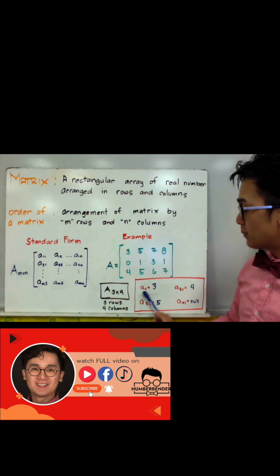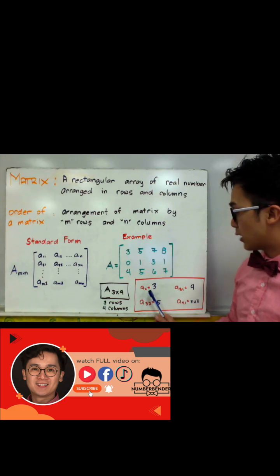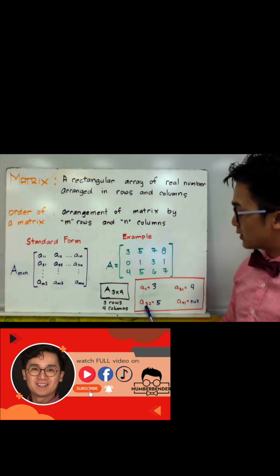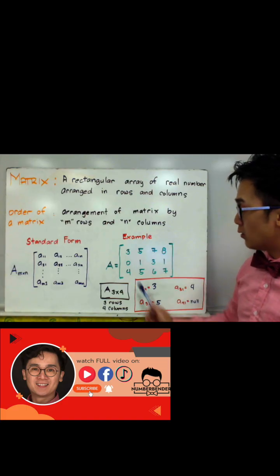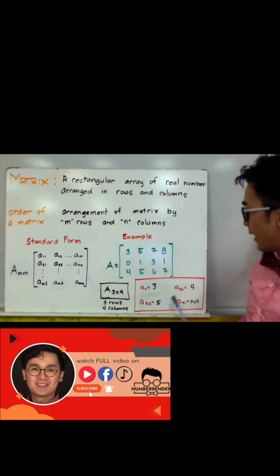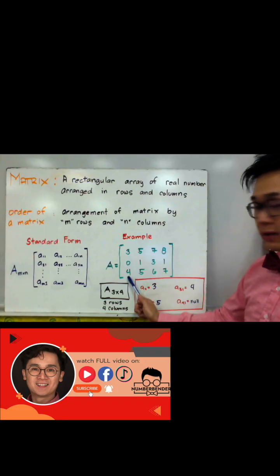The subscript is our way of locating a specific entry in a given m by n matrix. If we need to find A sub 32, the entry in row 3, column 2, 1, 2, then A sub 32 is equal to 5. And A sub 31, 1, 2, 3, 1 is 4.